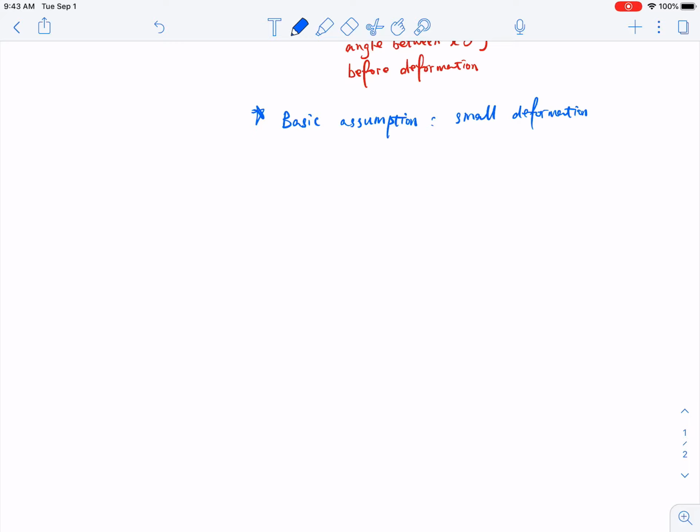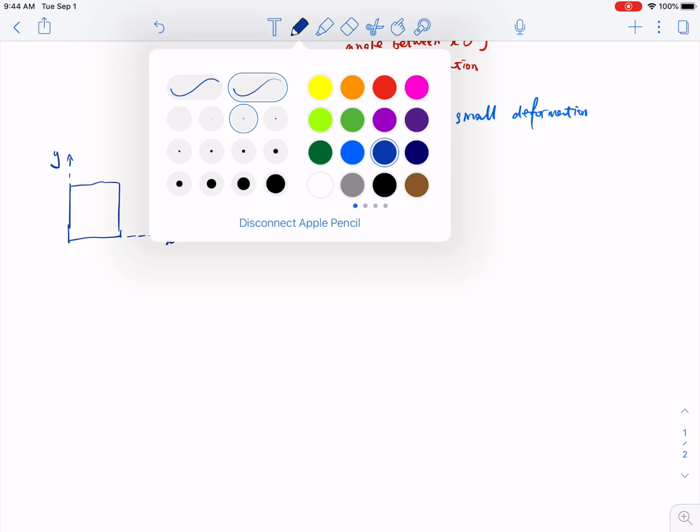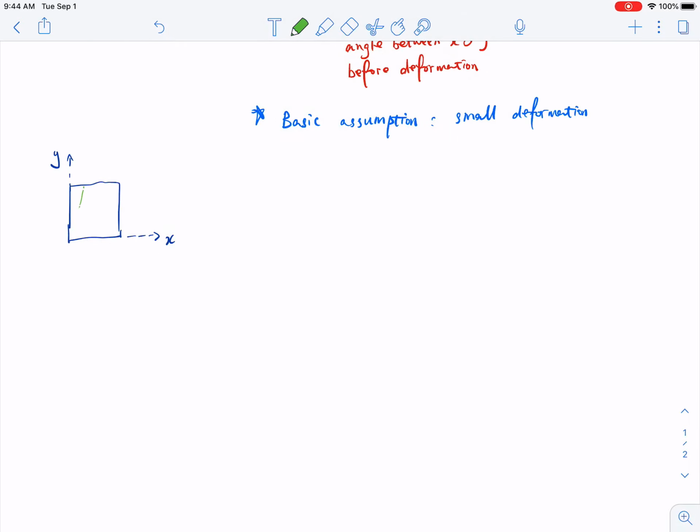Let's see another example. Originally we have this element, and this is your x-axis, and this is your y-axis. After deformation, we get this shape. Here is the x prime, here is the y prime.